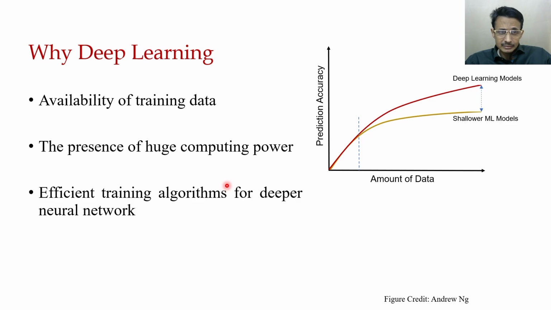And third, and most importantly, the efficient training algorithm, which we are going to see in this lecture in detail. The normal backpropagation algorithms may not be a very good solution or training algorithm for deeper structures. We are going to understand what the problem is and how it is managed.